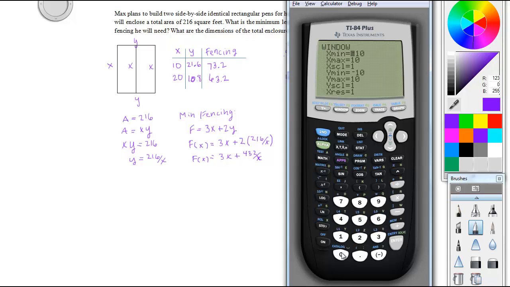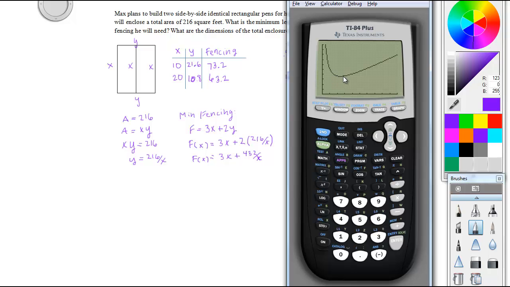Then we need to set our window like we just had there, 0 to 50, and we'll scale that by 5s, and 0 to 100, and we'll scale that by 20s. And so there is the minimum. It might look better if we had made this 200 instead of 100, but it would have worked fine the other way as well.